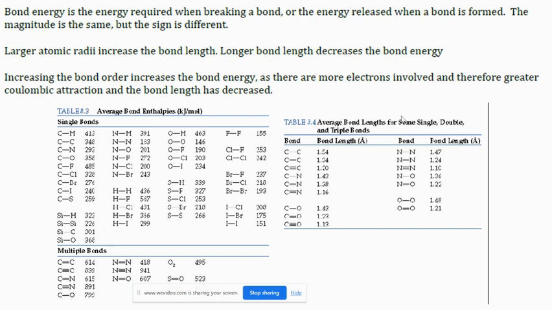All right, so bond energy is the energy required when breaking a bond or the energy released when it's formed. The magnitude is the same, but the sign is different.